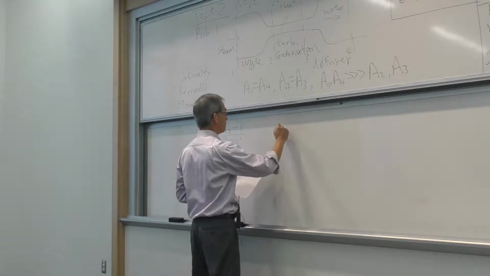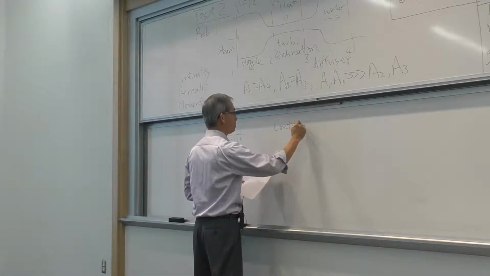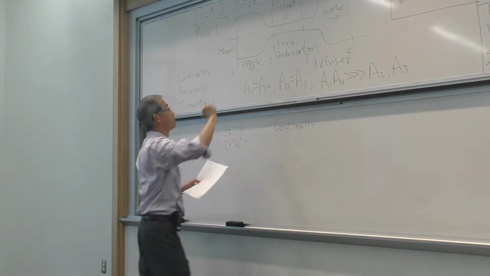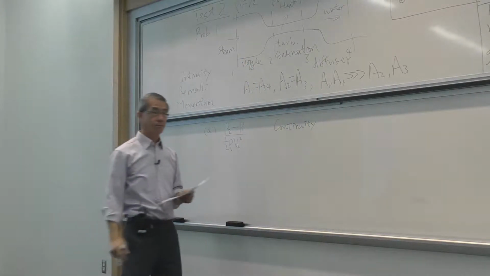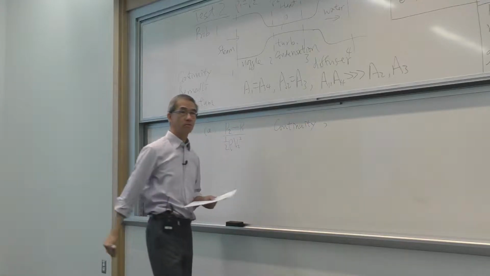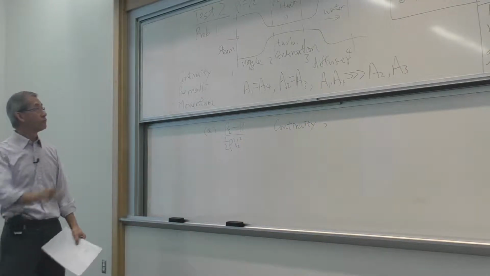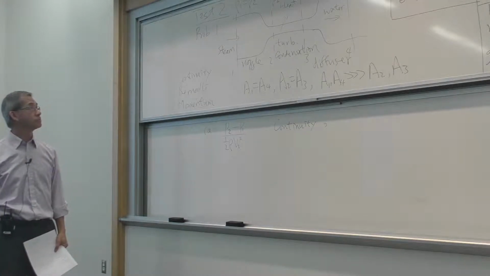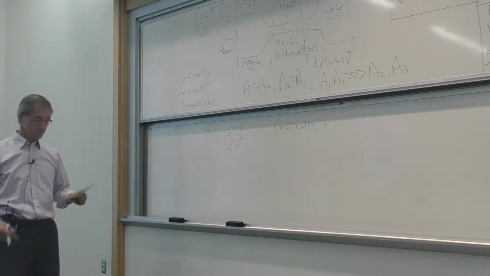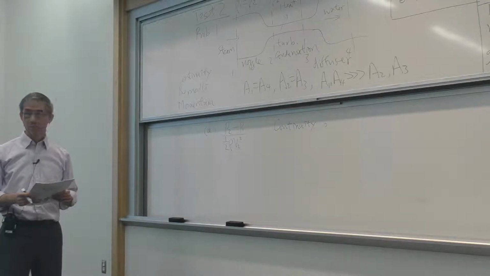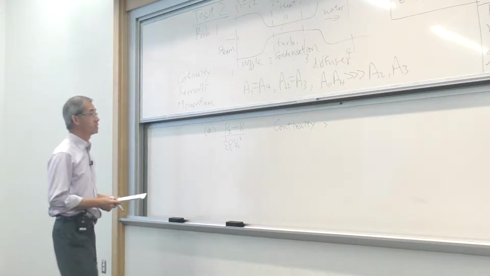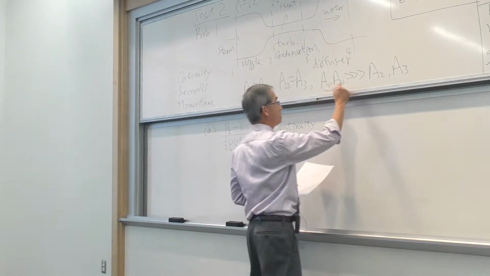Continuity from 1 to 2. What would you get out of continuity from 1 to 2? V1 is roughly 0. Why? Because of this statement.